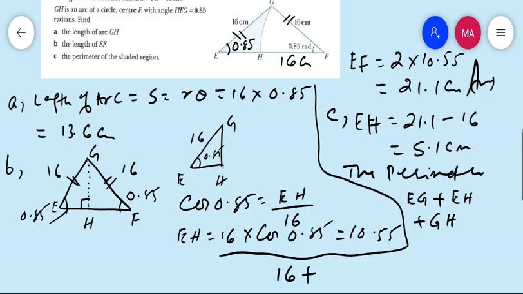EH we just found 5.1 plus GH we found in part A, 13.6.